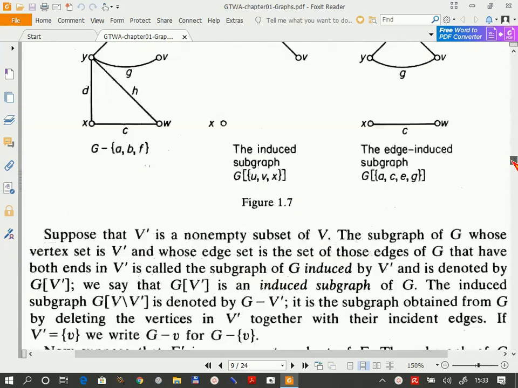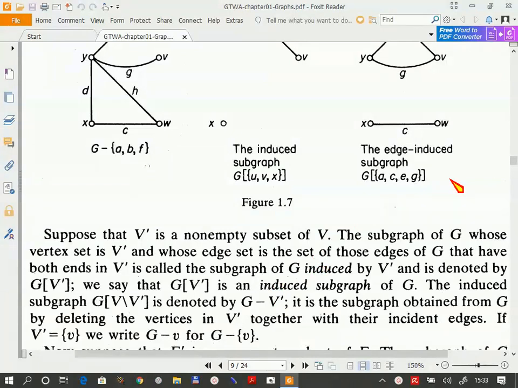Let's see what's the next. You can also stress the vertices you take out. If you are interested in that, you can say, I want to take out these vertices. This means the subgraph induced by the complement.